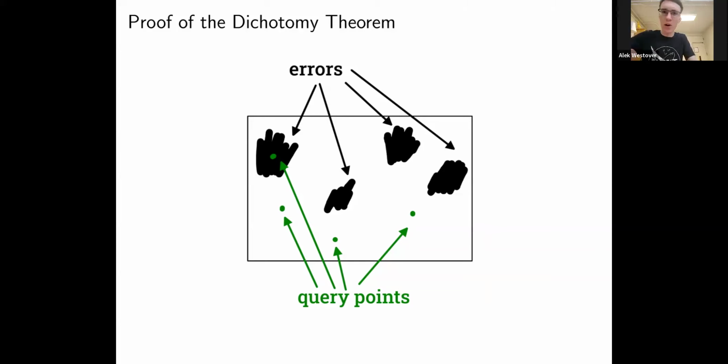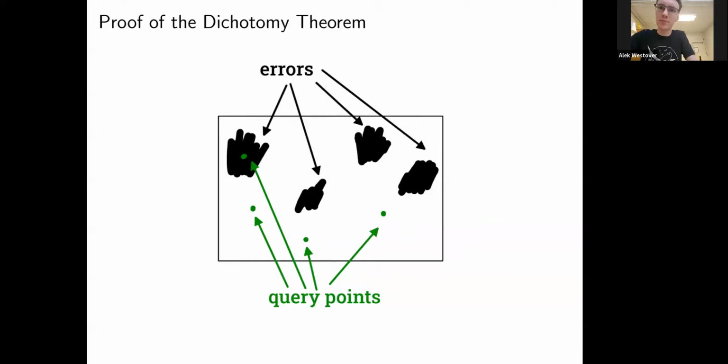When we run the test, we're querying f on 4 points. And some of these points are going to fall in the white region, where f agrees with the nearest affine function. And some of them will fall in a black region, potentially, where f disagrees with the nearest affine function.